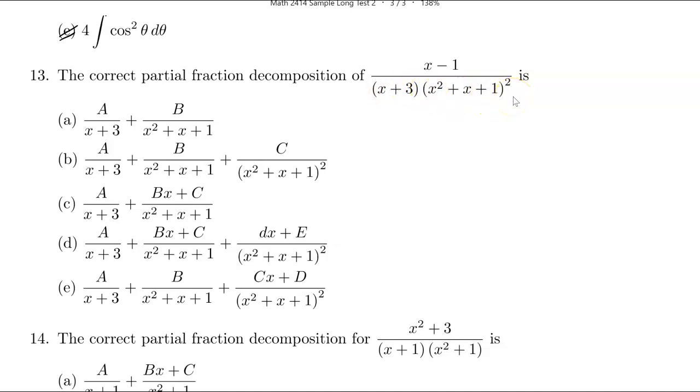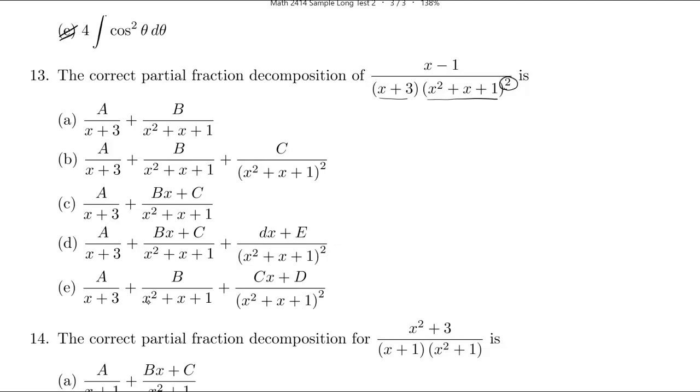But notice that you have a power here. That means that this factor is repeated, so you are going to have this to the power of 1 and this expression to the power of 2.